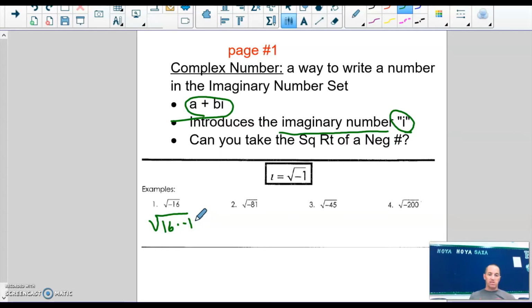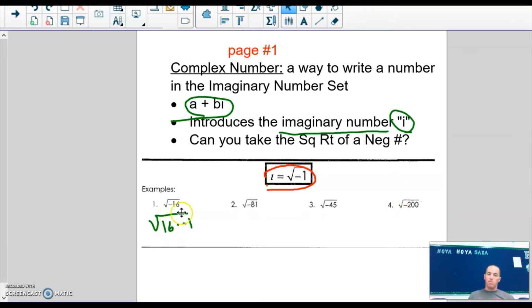Because 16 times negative 1 is negative 16. So we've broken it down into factors, and that's where this comes in. i is known as the square root of negative 1.